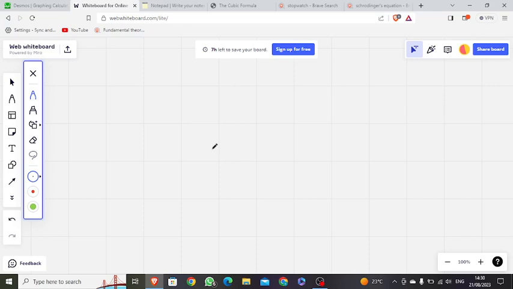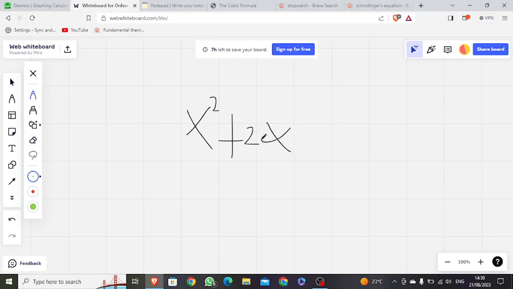Now let's have a bit of understanding. Let's take x squared plus 2x plus 21 and try to do something a bit simpler: complete the square.